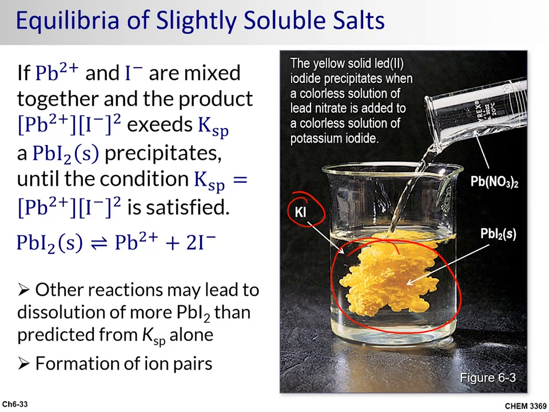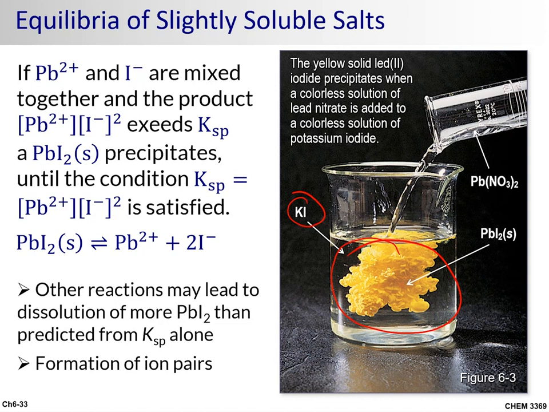Now the solubility, unfortunately, does not tell the entire story, and that is because of these ion pairs. Okay, so there are, of course, complications that may arise from other reactions, right? Because if some of these ions react with something else, that is something we would have to take into account.